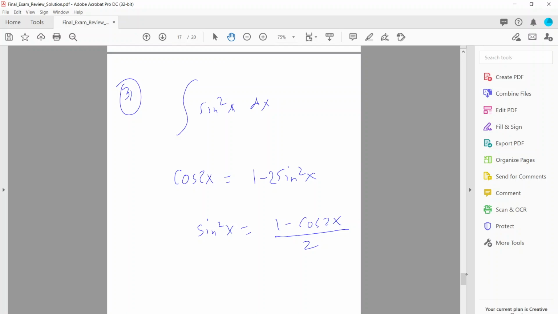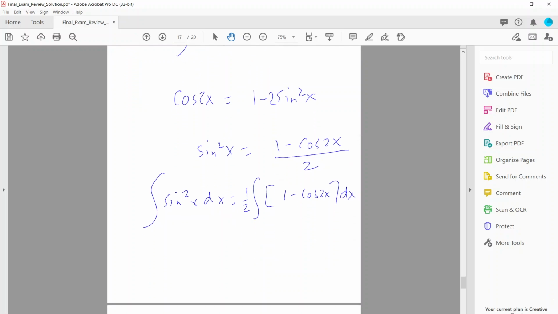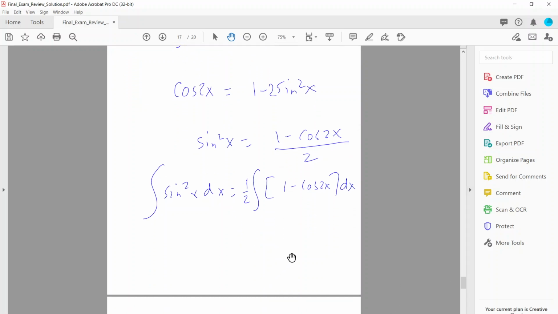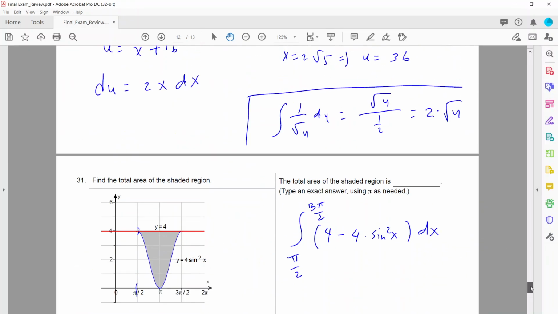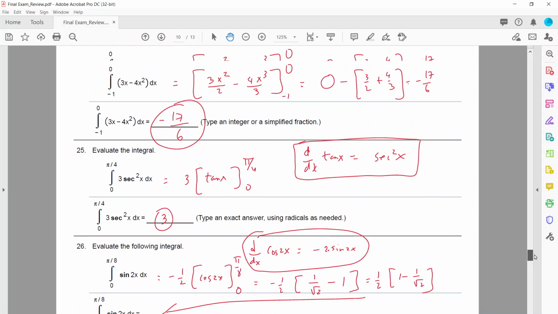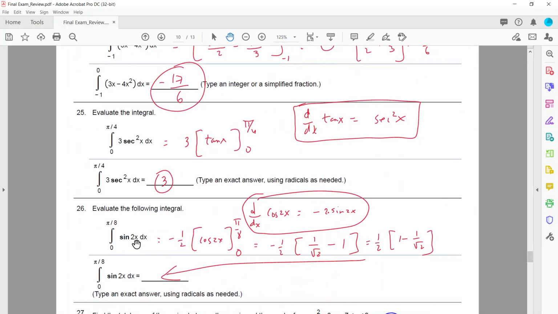So finding the integration of sine square of x is finding the integration of this part. Integration of sine square of x is integration of half, you can bring this here, 1 minus cosine of 2x dx. If you remember, we already found the integration of cosine of 2x in one of the problems before.